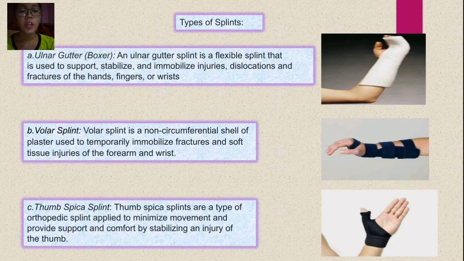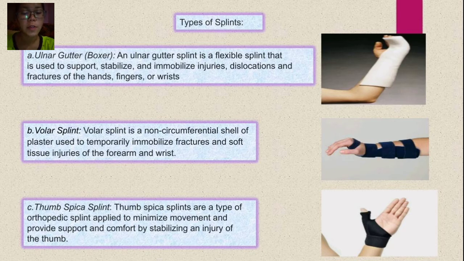The ulnar gutter splint is useful for fractures and severe sprains to the bones of the ring and small fingers. It extends from the upper part of the forearm to the last joint of the fractured finger.